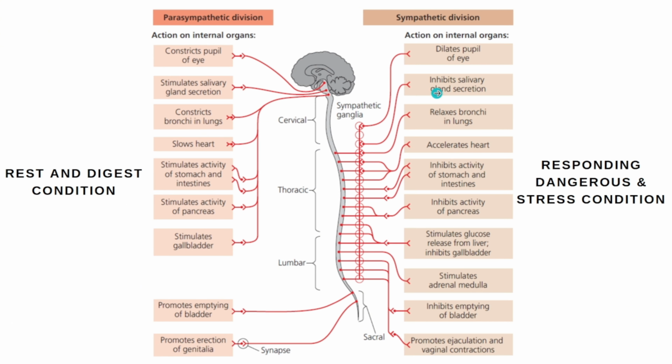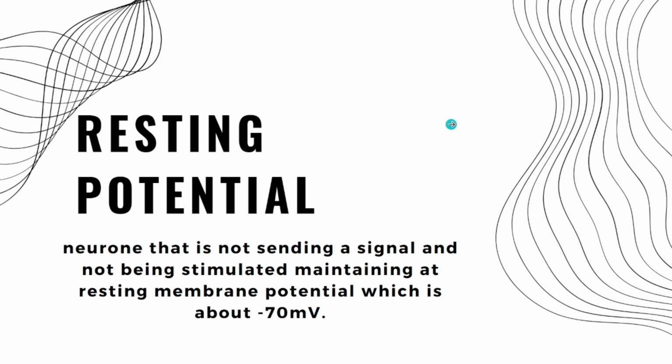Very general. You can just imagine yourself when you are very relaxed, what you will do, what your organs are supposed to do. Okay, that's all about the basic nervous system in humans.